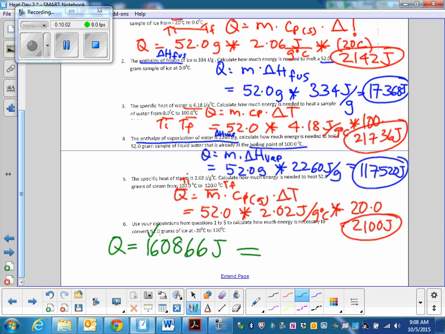I'm going to round to 3 sig figs because most of my numbers are 3 sig figs. I'm going to round at the end. So I'm going to say it's 161 and all these 3 will turn into zeros. So many joules. Is everybody with me? Do you understand the problem?